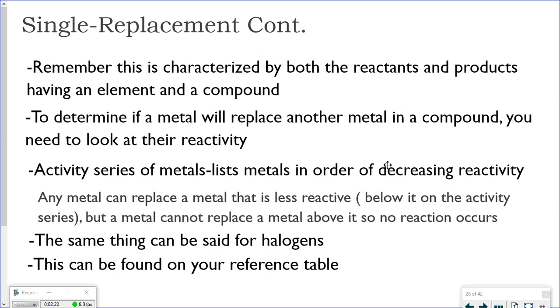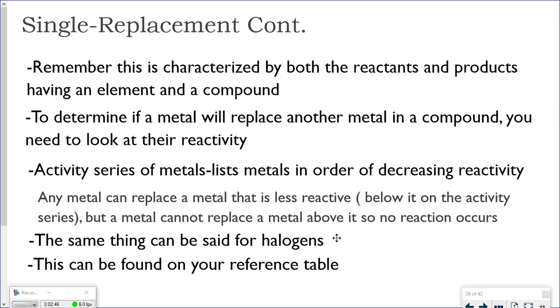This lists metals in order of decreasing reactivity. So the metal by itself needs to be higher on this list or more reactive to replace the metal in the compound. If the metal that's by itself is lower on this list than the one in the compound, no reaction will occur.